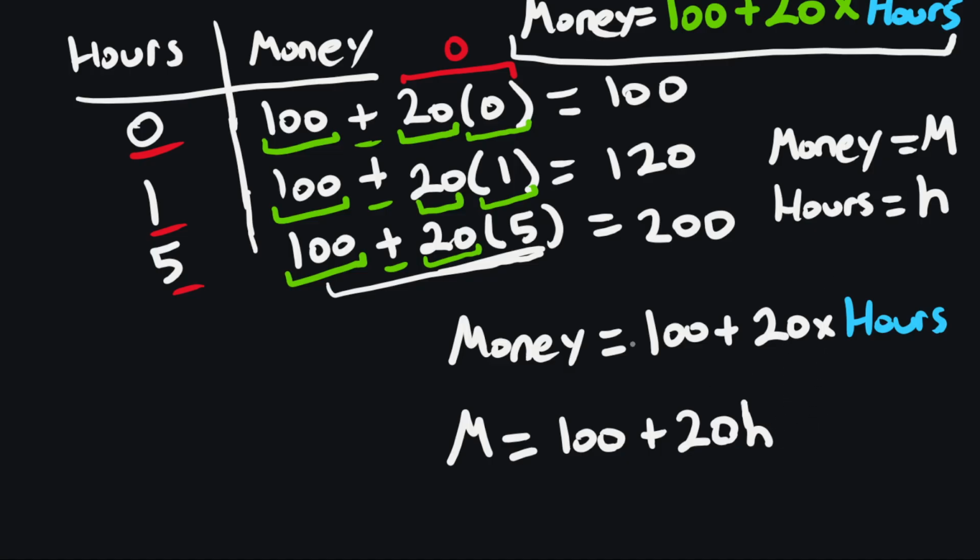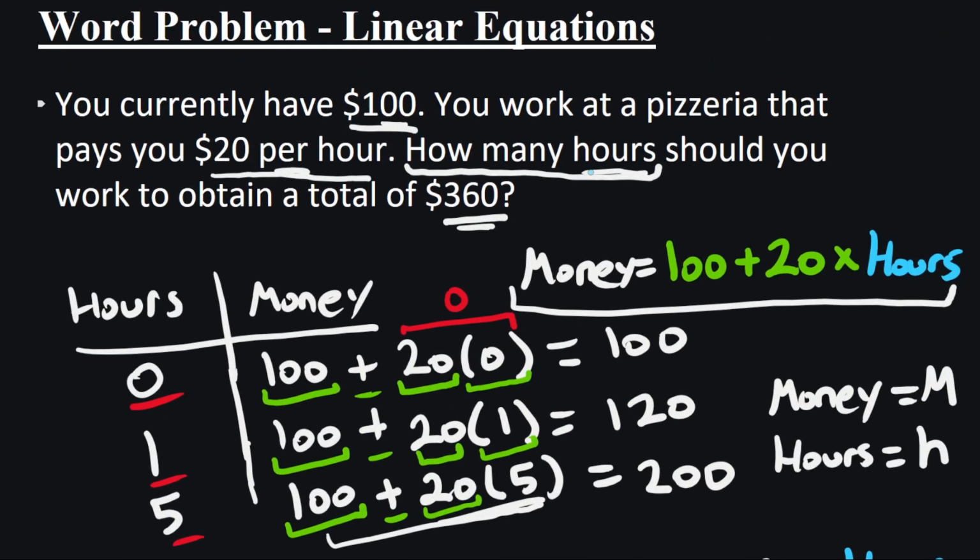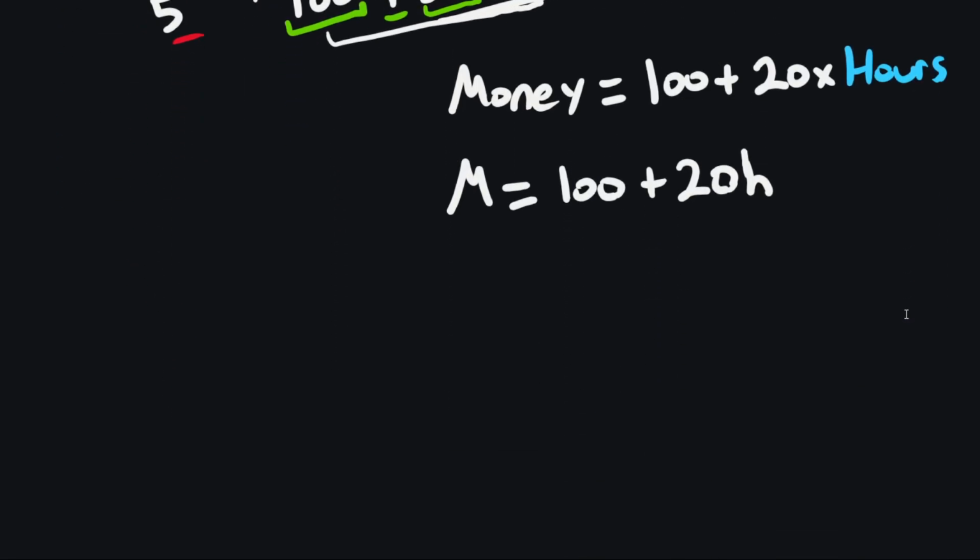Okay, and remember, the question asks us how many hours. So we are looking for the letter H. H is what we're trying to find. And in the end, our money has to be $360. That's the key.